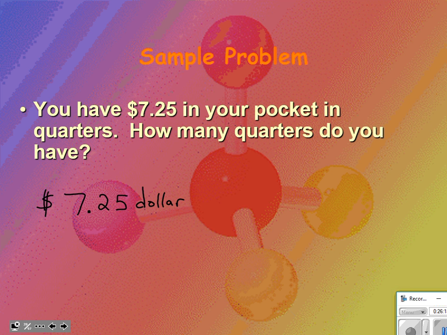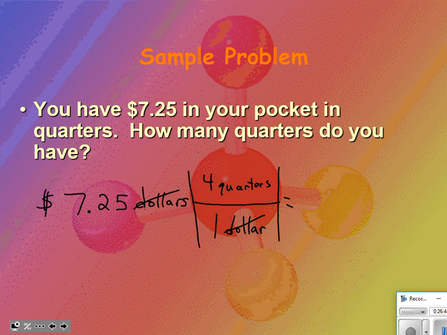Is really $1, right? So my conversion box I'm going to set up, I want dollars to cancel, so I put $1 on the bottom. $1 has how many quarters? 4 quarters. My dollars cancel.